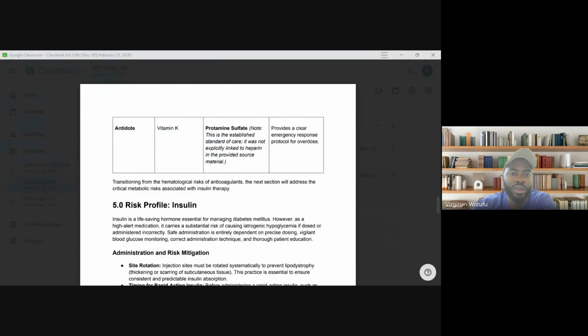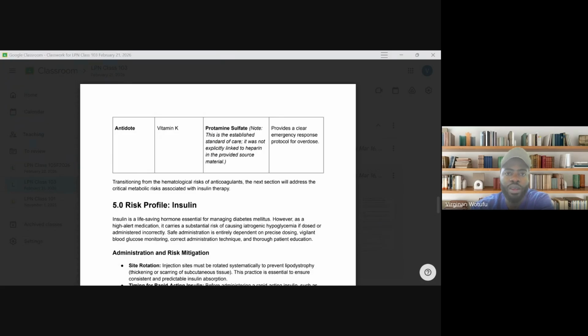Diabetes is an error of glucose metabolism, so your body cannot metabolize glucose correctly. So you're given insulin. It's a high alert medication, right? And its administration must be monitored in order to avoid complications like hypoglycemia.